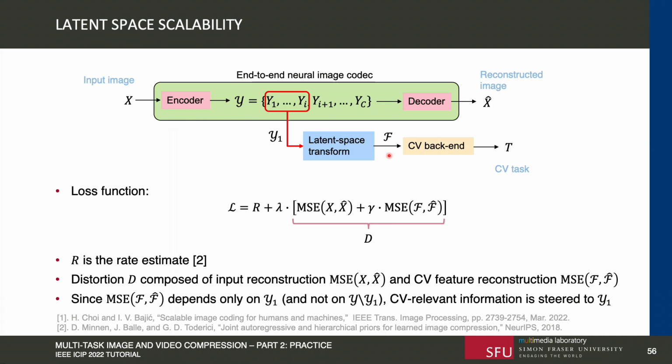And so that's what serves to sort of concentrate and pull the information relevant to object detection into only one part of the latent space. Whereas gradients from this term, which is the distortion related to input reconstruction, flow into the entire latent space, and so that information gets distributed through the whole latent space.